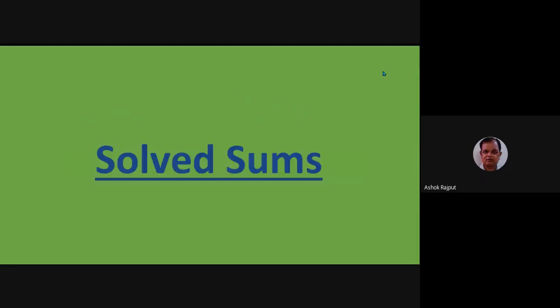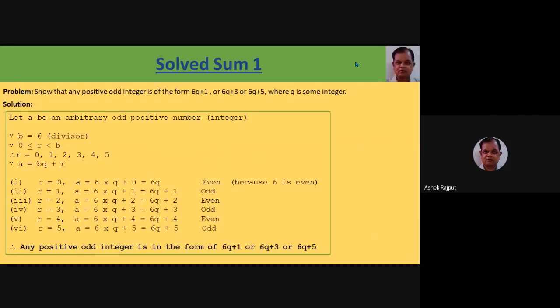These are very simple, and you should try to understand them gently and carefully. Now it is the first sum: any positive odd integer is of the form 6q plus 1 or 6q plus 3 or 6q plus 5, where q is some integer.